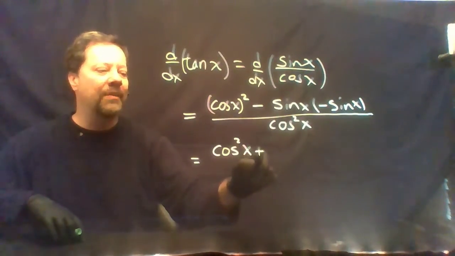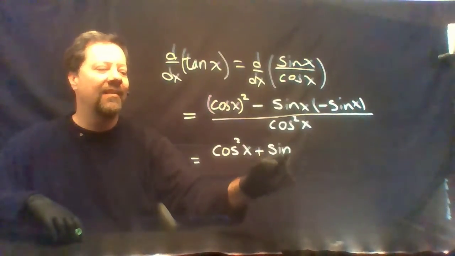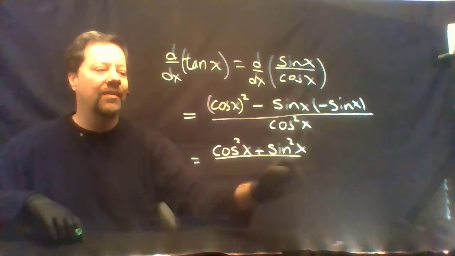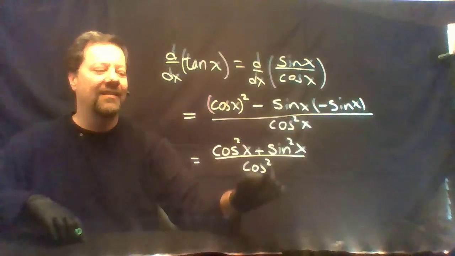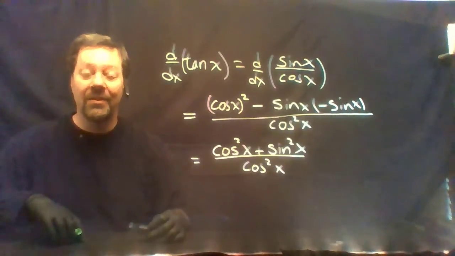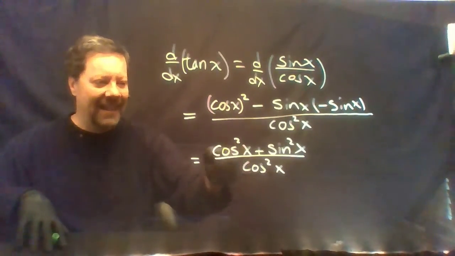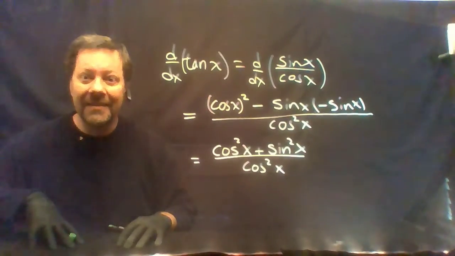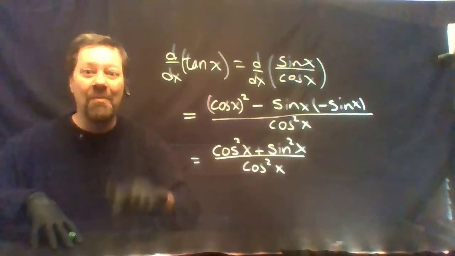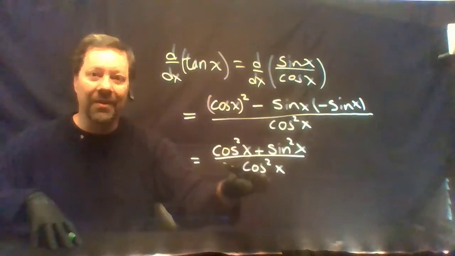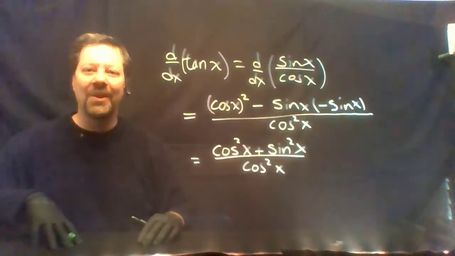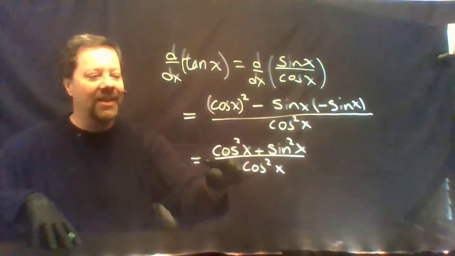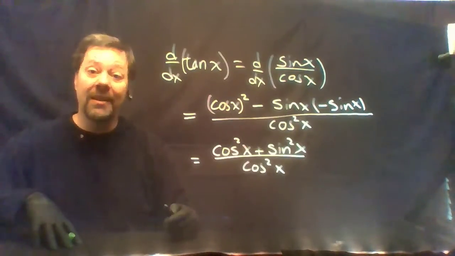Minus minus is plus, sine squared x over cosine squared x. Ooh, I have an idea. Can we cancel the cosine squared? No, you may not cancel from terms. What you can do is note that cosine squared x plus sine squared x is 1.